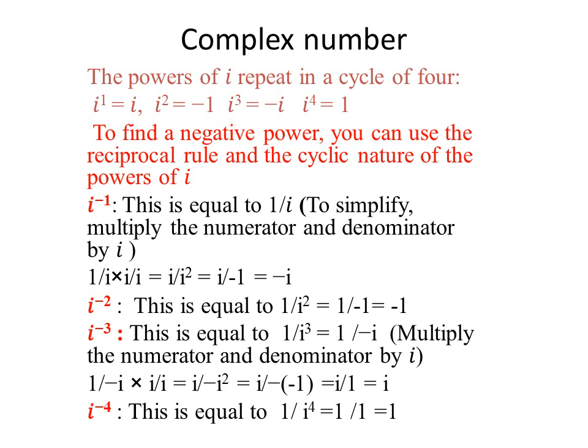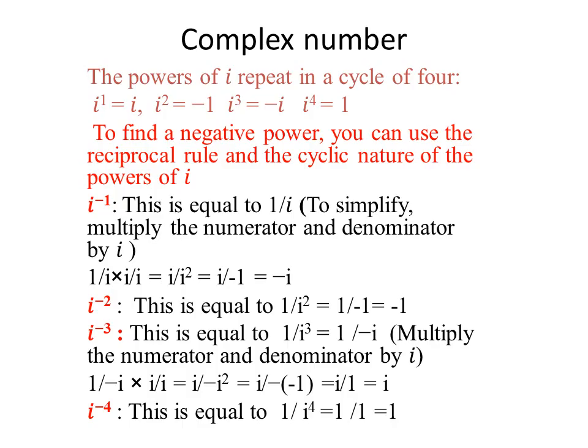After that, i to the power of -2 is equal to 1 by i², that is equal to 1 by -1, that is equal to -1. i to the power of -3 is equal to 1 by i³, that is equal to 1 by -i.